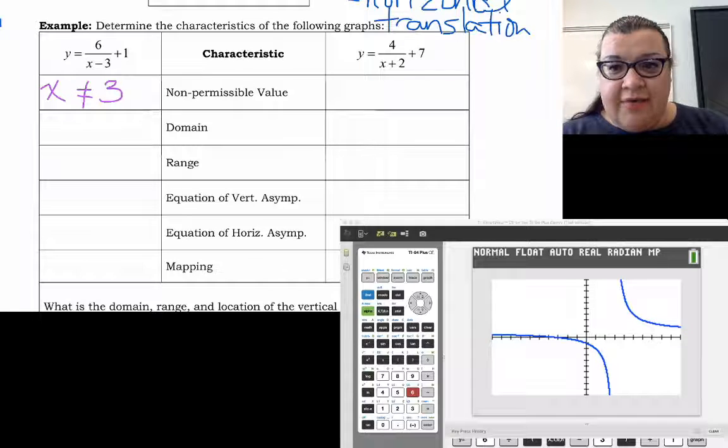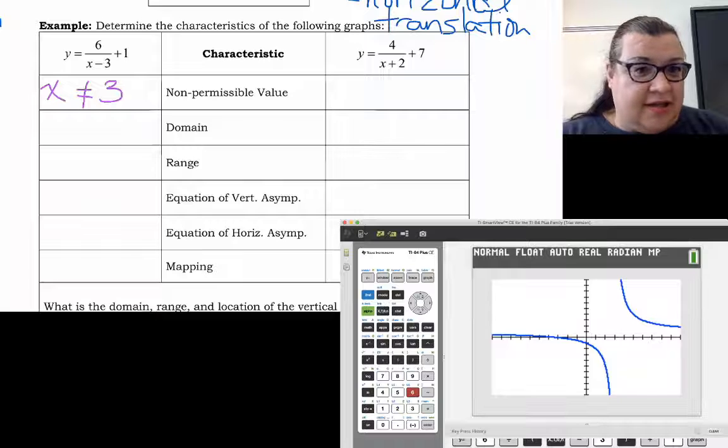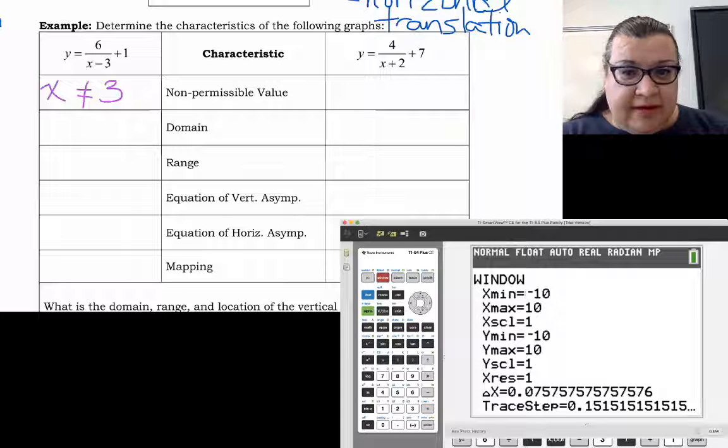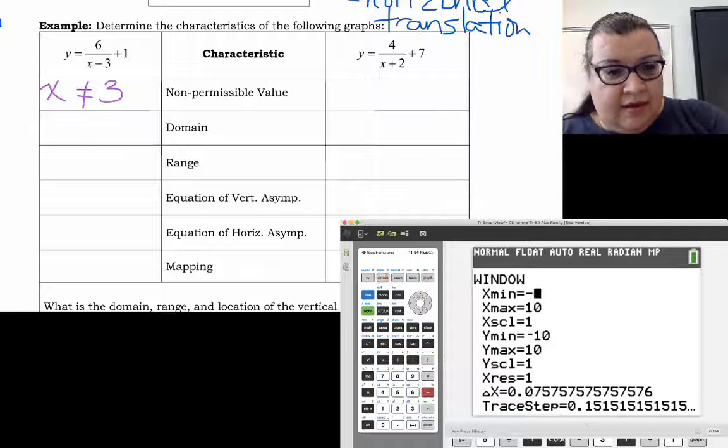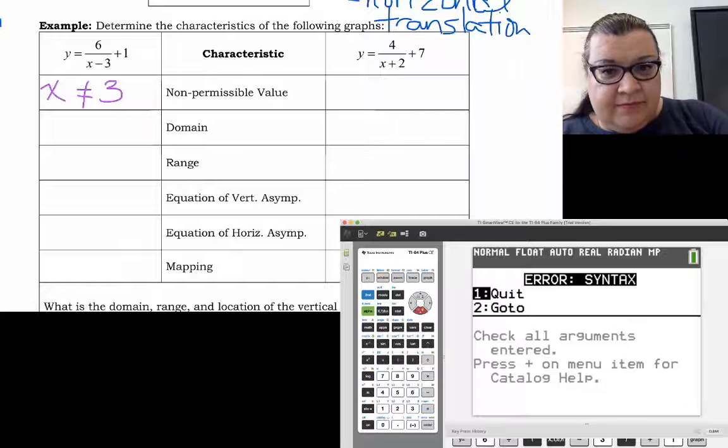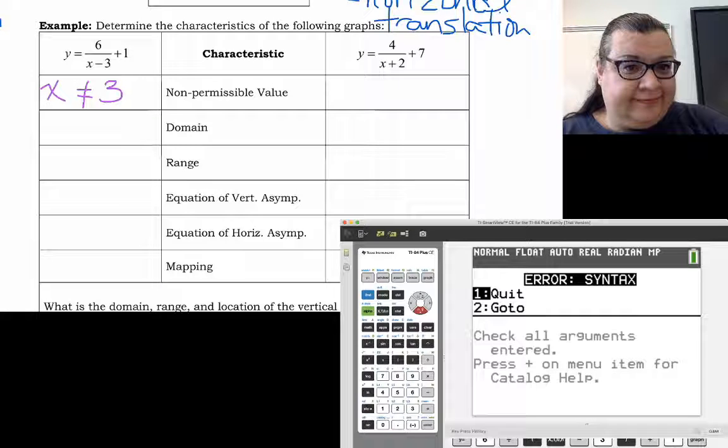is that our graphs are approaching, and let's change our window settings maybe a little bit here. Let's go smaller. Let's go -20. What did it not like about that?